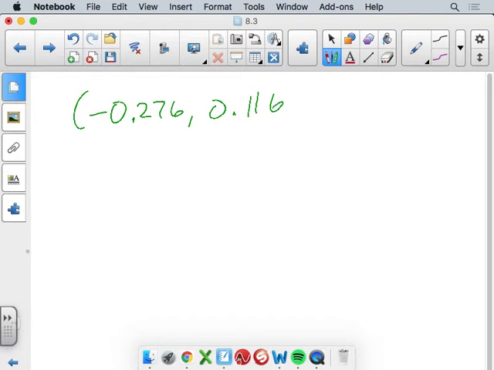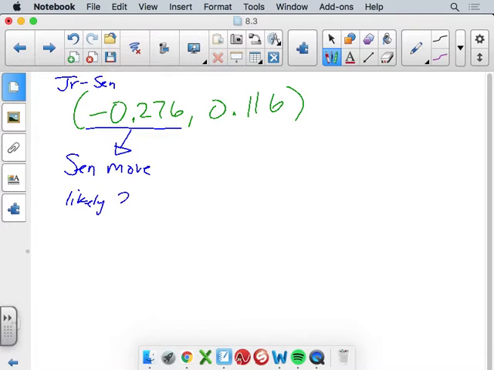Okay, so what do those two values mean? Let's take this value, for instance. What does that mean in context to our problem? Yeah, all these values are juniors minus seniors. So this means seniors are more likely to go to prom by 27.6%.